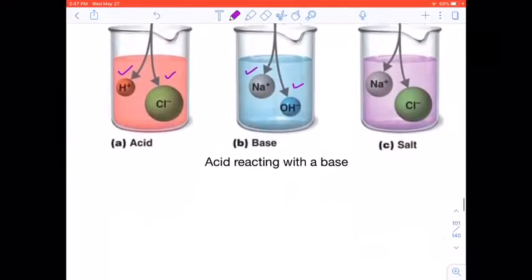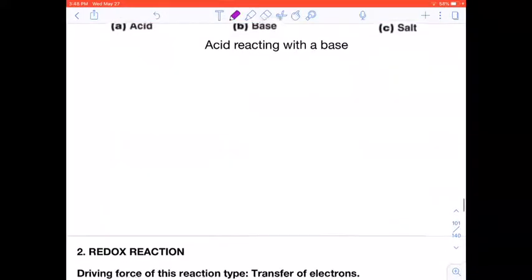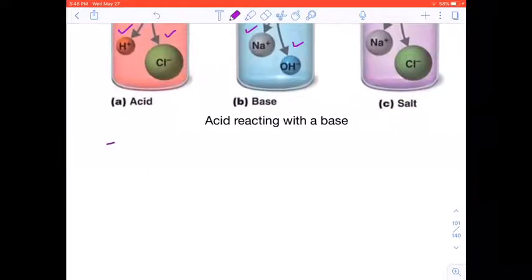Now let's look at it in its ionic form. So we have the ionic equation.